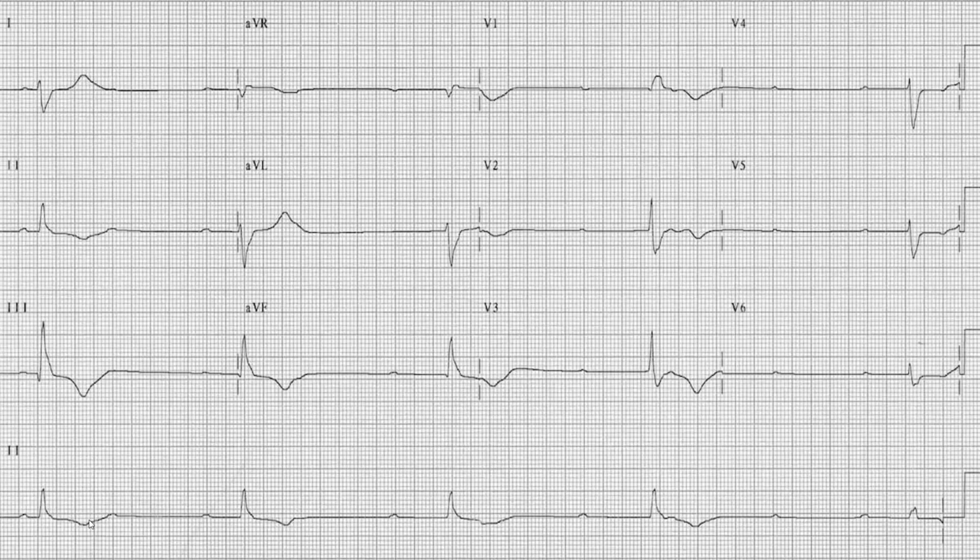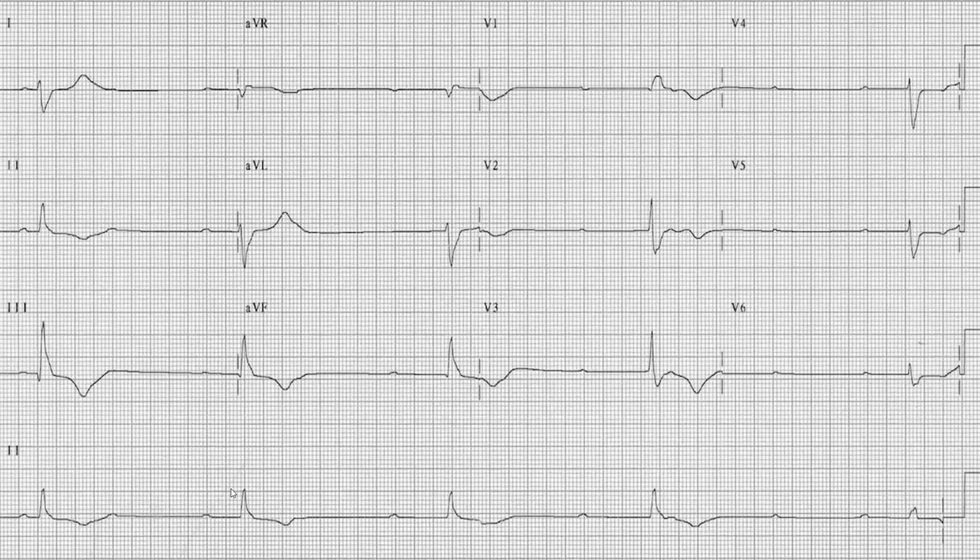Okay. What else? PR unequal. PR normally is 3 to 5 small squares. So here some are within 5 small squares, and here more than 5, more than 5, and unequal. Okay. What else? QRS should be 1 to 3 small squares. So here it is more than 3 small squares, it means wide QRS.